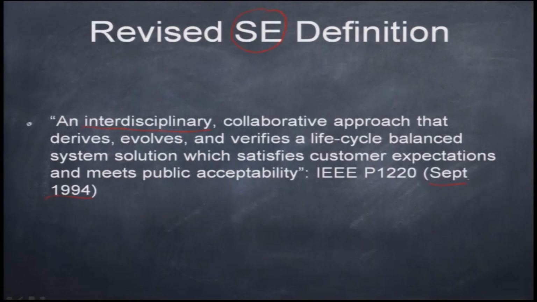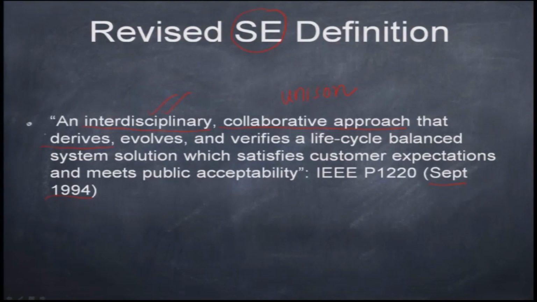The concept of interdisciplinarity, where multiple technical fields of engineering are to be brought together. So, the collaboration concept, a collaborative approach, they are working in unison. This concept started coming in. That derives, evolves and verifies.